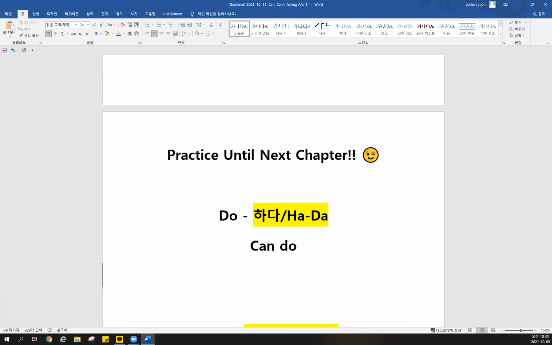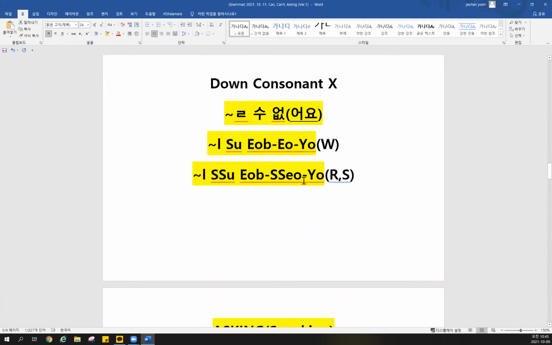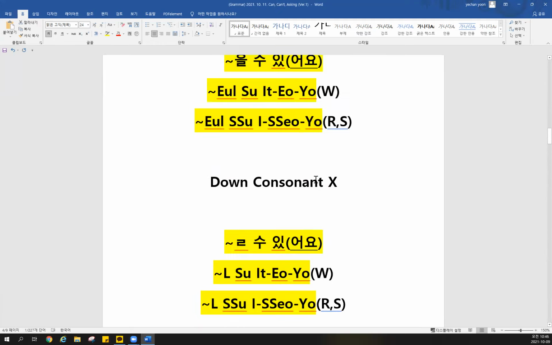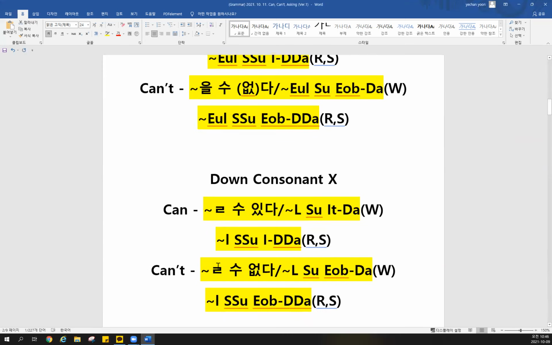right? So 하다, let's say they don't have any down consonant. If they want to write it down, then what's the format? Like this, right?